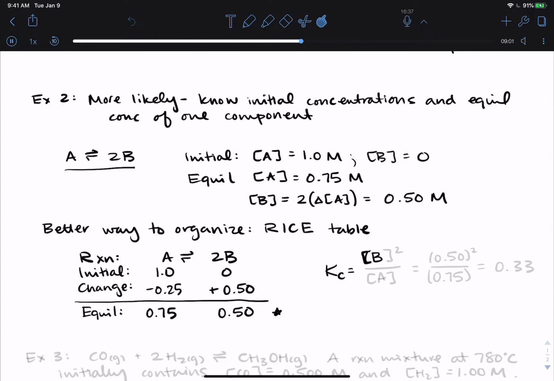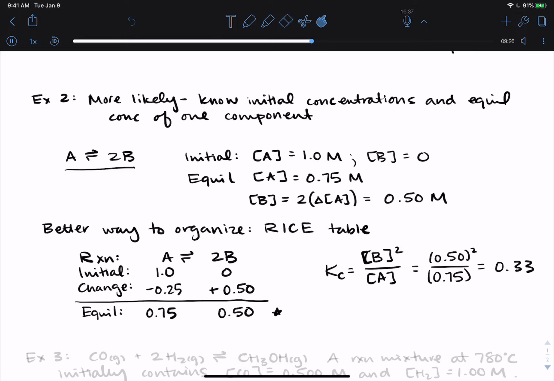Make that a concentration, my equilibrium constant expression, which is that it's 0.50 squared divided by 0.75. And my equilibrium constant value for this reaction is 0.33. So this is my generic example.